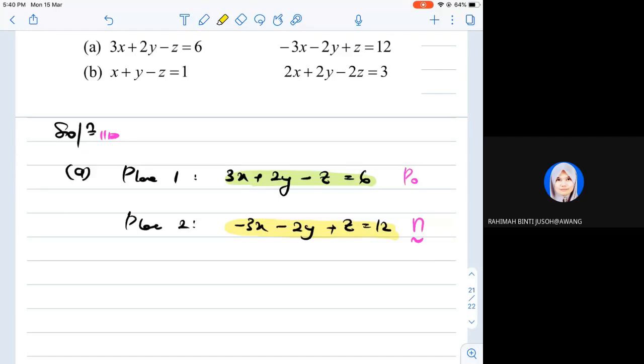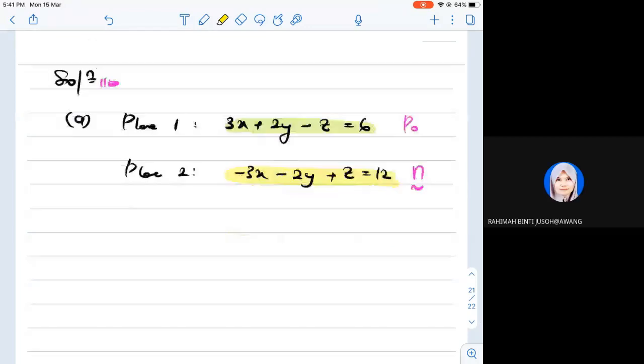Kalau you consider P0 daripada second plane, make sure you ambil normal vector daripada first plane. Maksudnya ialah guys, you cannot take both P0 dengan N from the same plane. Dia tak jadi distance lah. Boleh? Boleh. Okay, so dia mesti salah satu. You kena ambil maklumat tu daripada salah satu plane tu lah.